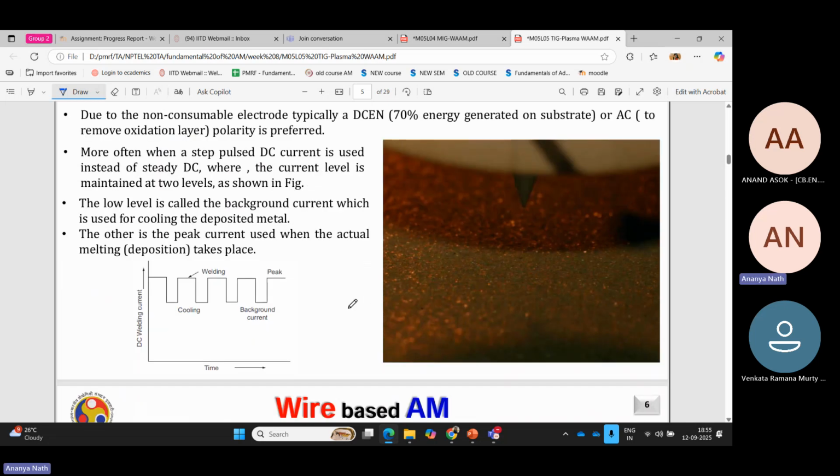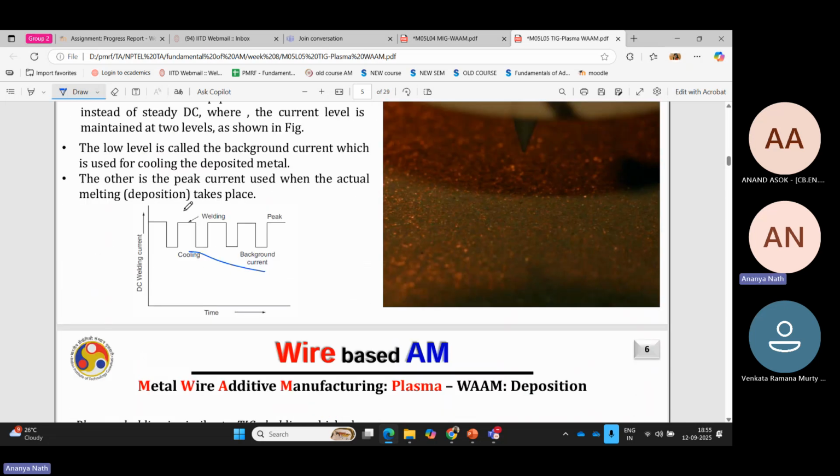Here also, another thing, we try to maintain a background current, and then this is the welding current. Welding current is a peak current where your arc has the highest power or energy, and your metal is going to be melted. But the background current is there to stabilize the process.